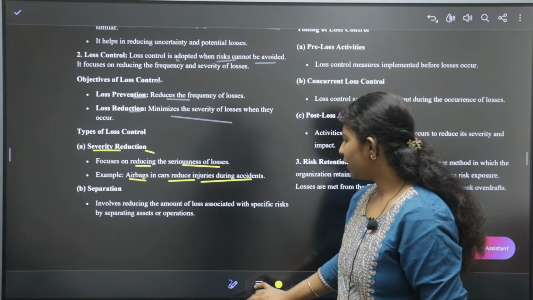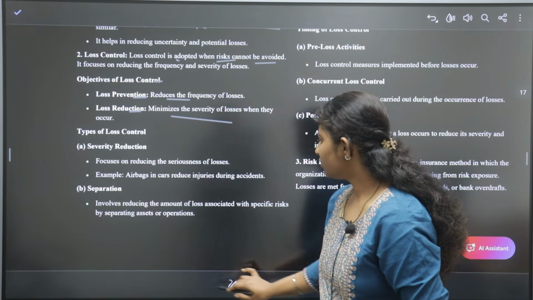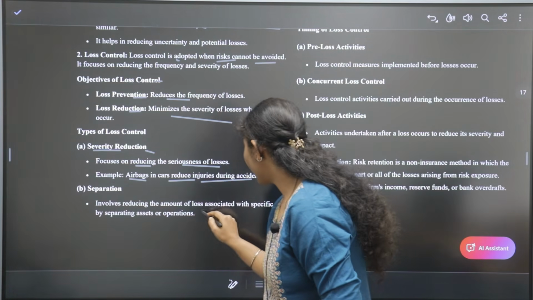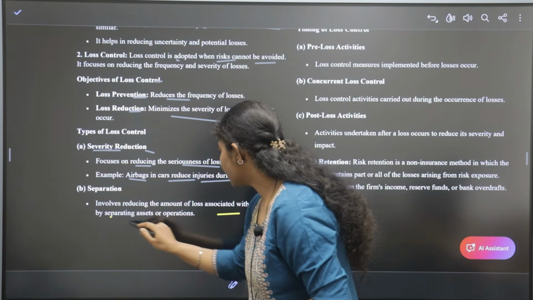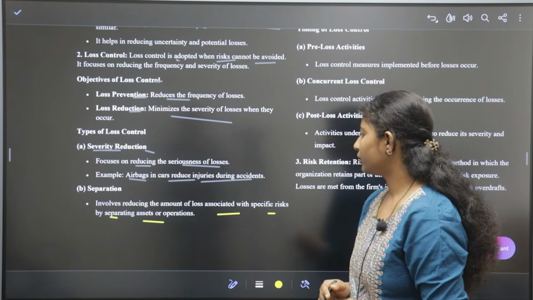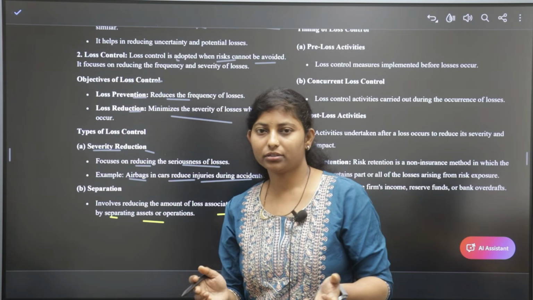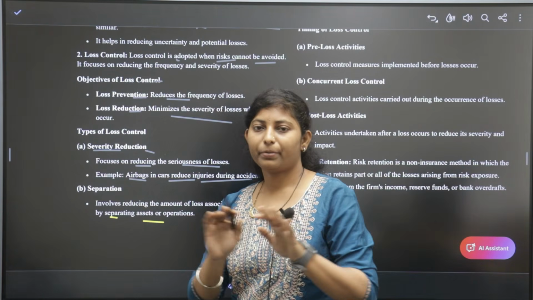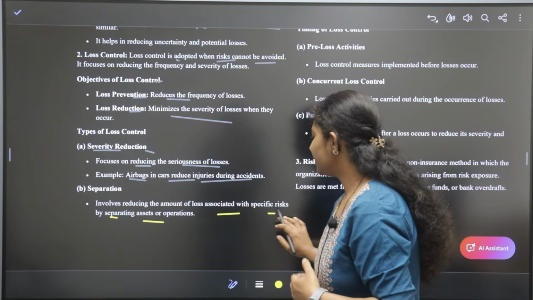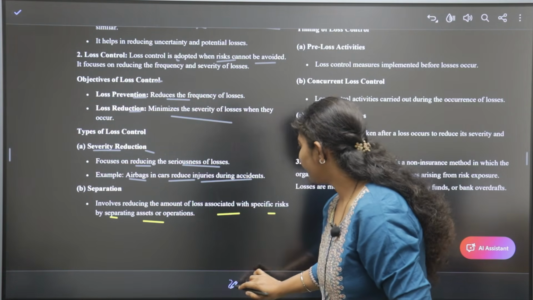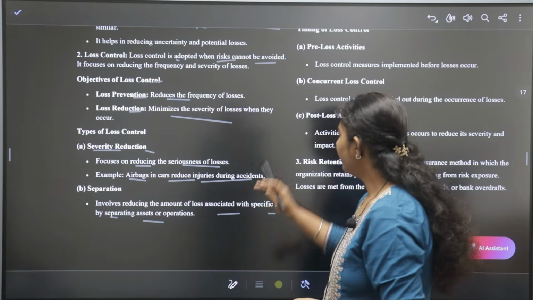And next we have separation. Separation involves reducing the amount of loss associated with a specific risk by separating assets or operations. If we separate, it is very easy for us to reduce such losses by separating our assets and operations in our business.